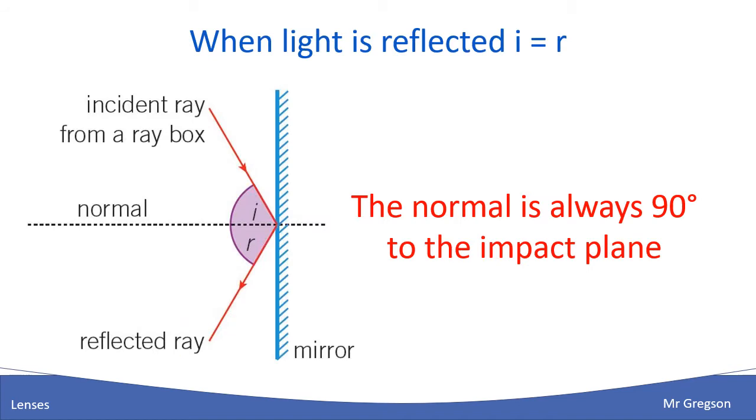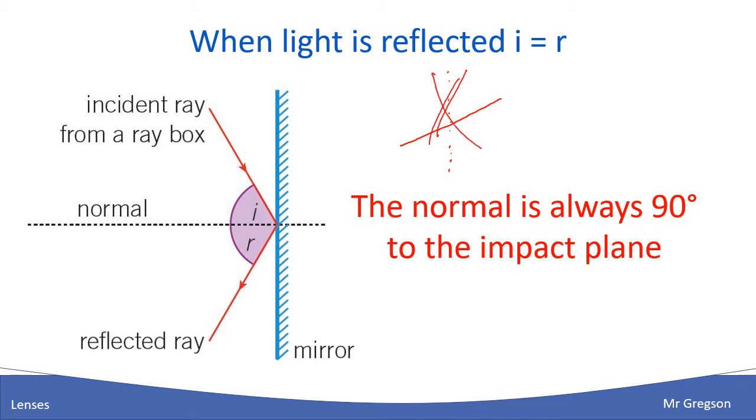Okay, when light is reflected, i equals r. That is not optional. Every part of the electromagnetic spectrum does this, and for some reason, when we draw a normal to a reflective plane, I should say, like this, people still draw normals at that angle and then start doing weird stuff up here. Okay, this is wrong.